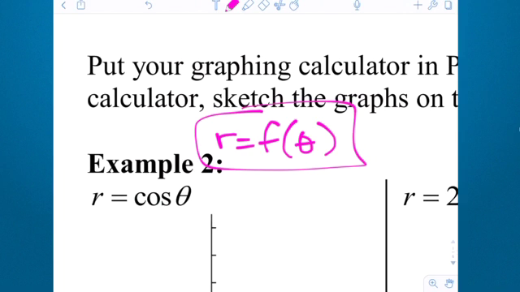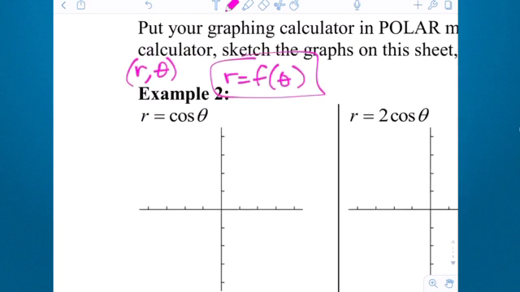Okay, so we're going to be looking at functions of the form r equals f of theta. So again, keep in mind that when we say f of theta, that implies that theta is our what? Independent variable, and r is like our old y, it's the dependent variable. But it's backwards because our coordinates, we still typically list them as r comma theta. All right, so it's backwards.